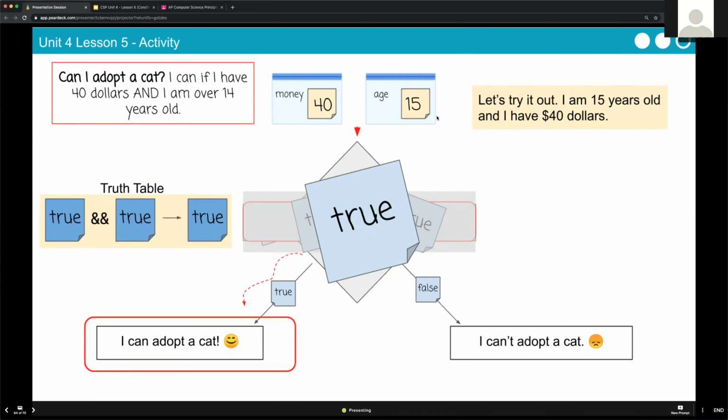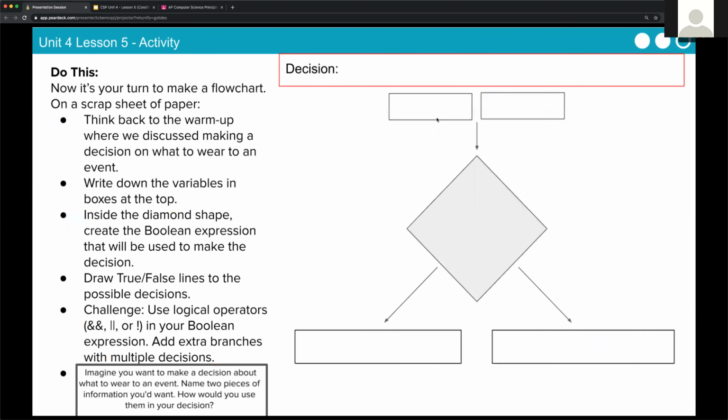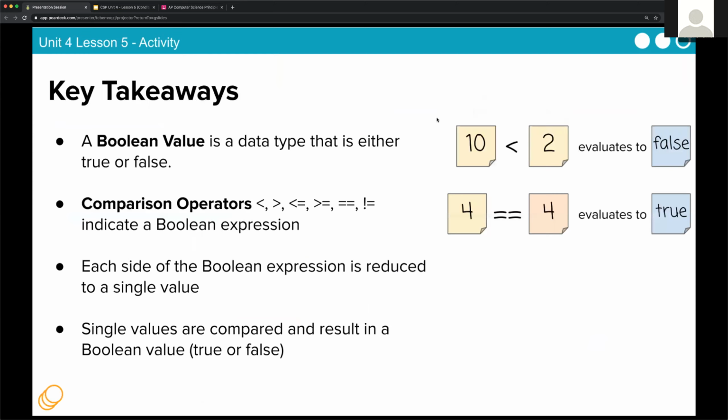Okay, so now we saw how we could simplify things using these operators. That's going to come in really handy. Since we don't really have time, we're going to skip this part and move on to just the key takeaways. In bold, you'll see the key vocabulary that we have covered. So a Boolean value is a data type that can be true or false.